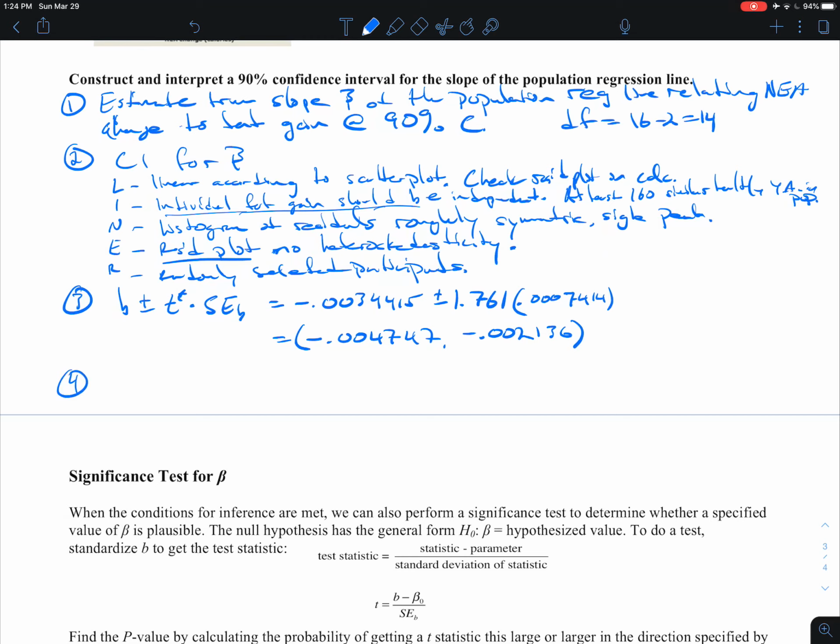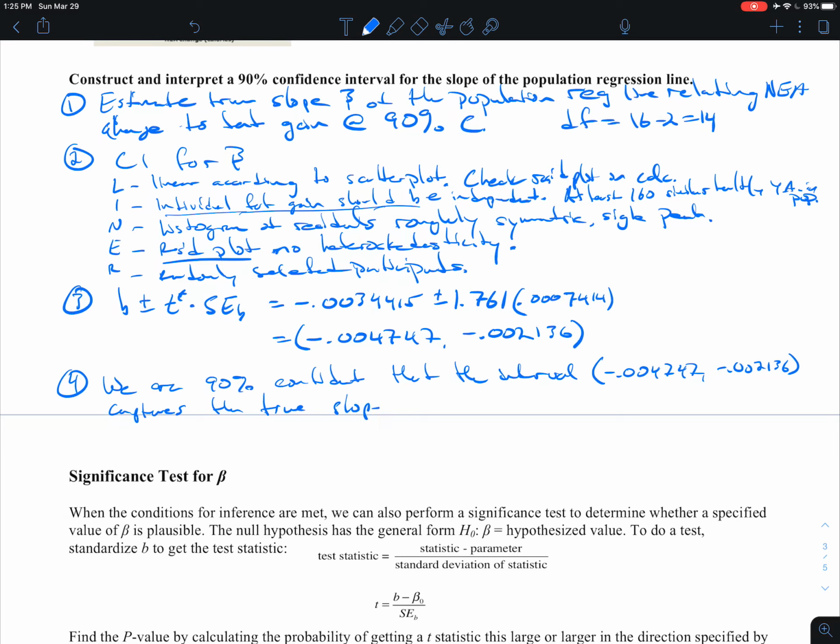And our conclusion: we are 90% confident that this interval, negative 0.004747 to negative 0.002136, captures the true slope of the population regression line relating NEA change to fat gain.